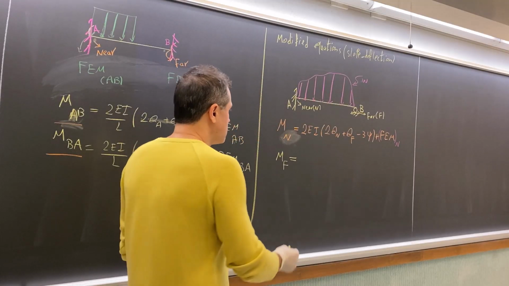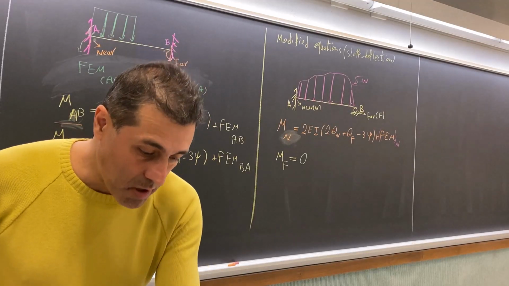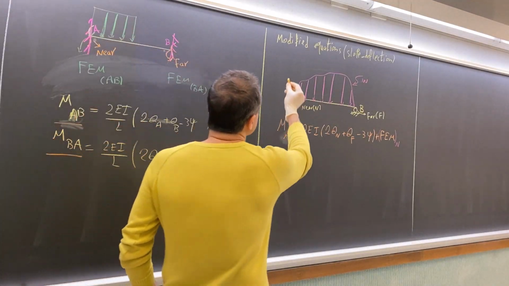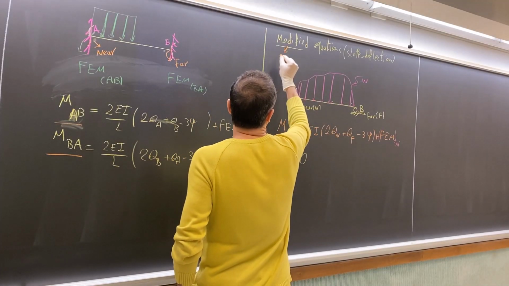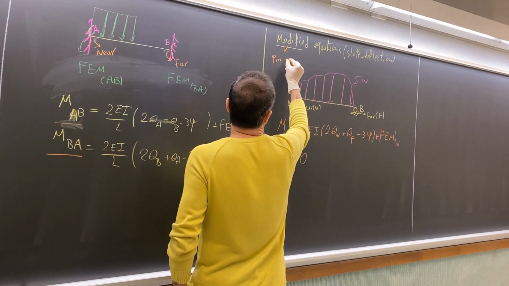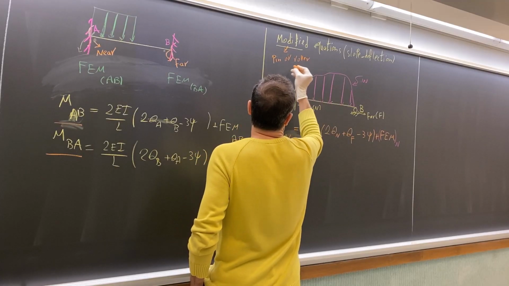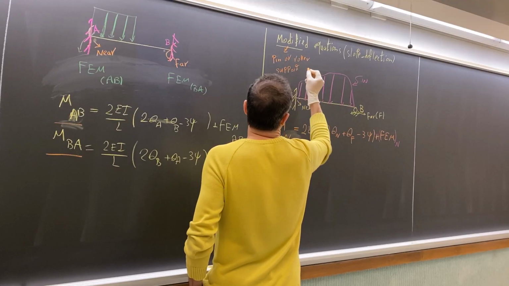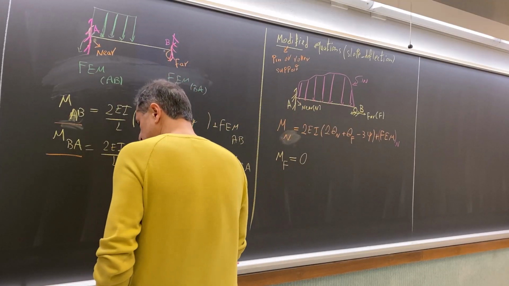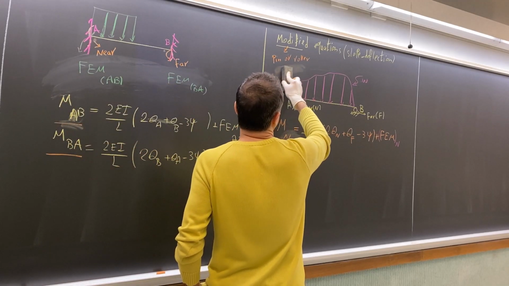It's 0, because it's a roller or a pin. So the modification comes when we have a pin or a roller support. Or maybe we say pin and roller, we don't say support, because they could be inside your knee.